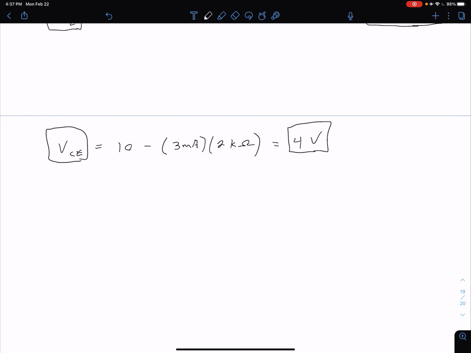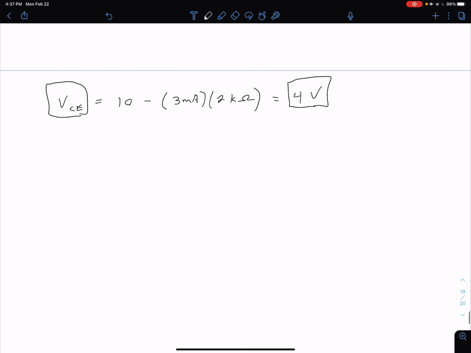The last thing that we want to calculate is the power dissipated in the transistor. Now that we know all of our voltages and currents, we should be able to do that pretty easily. To use our complete equation, we can say that our base current is 15 microamps, so 15 times 10 to the minus 6 amps, times our VBE on, which is 0.7 volts, plus our collector current, which is 3 times 10 to the minus 3 amps, times our VCE voltage, which we found to be 4 volts.